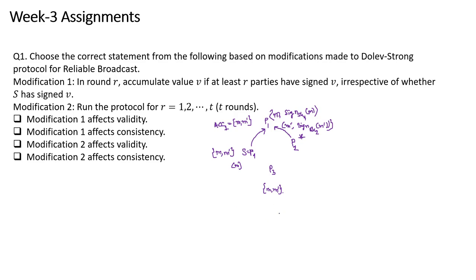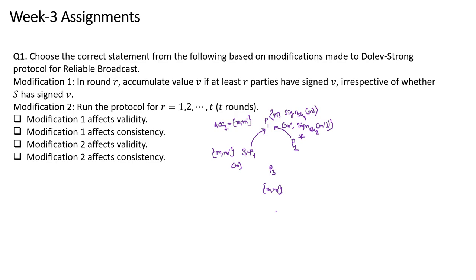As a result, some default value will be output, because the output of the Dolev-Strong reliable broadcast protocol is equal to the content of the accumulator only if the accumulator is a singleton set; otherwise it outputs some default value. In this case, the accumulator for all the honest parties P1, P3 and P4 is not a singleton set, so they will output some default value.